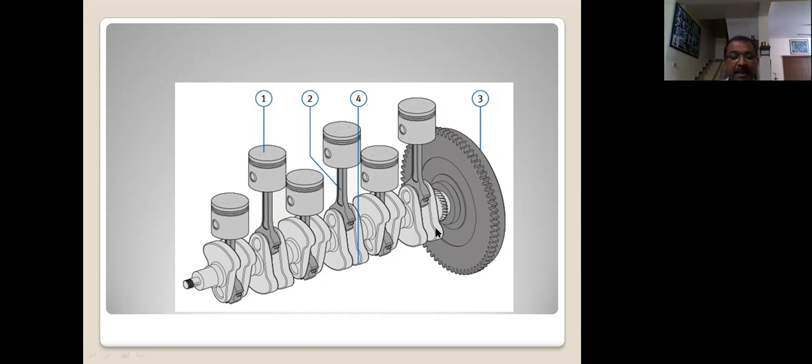A Kaplan turbine will be connected to the rotating shaft. Actually, a ship is being propelled by a turbine called a Kaplan turbine. So we will be connecting the Kaplan turbine to the free end of this shaft, so that the turbine will be rotating and the ship will be moving.